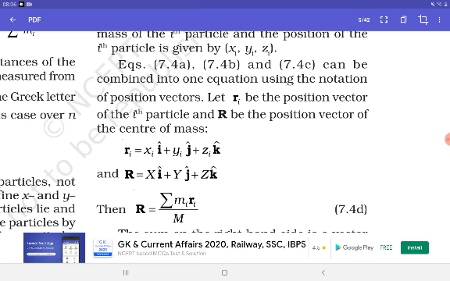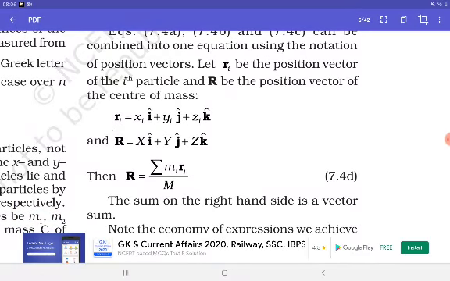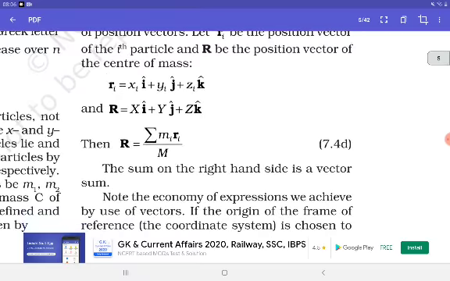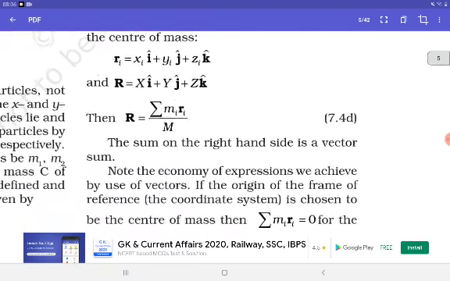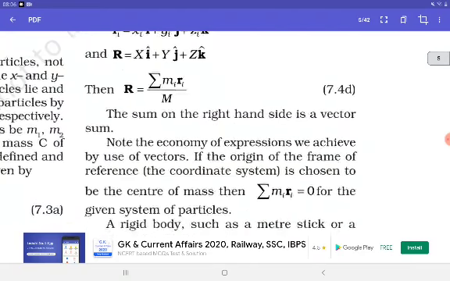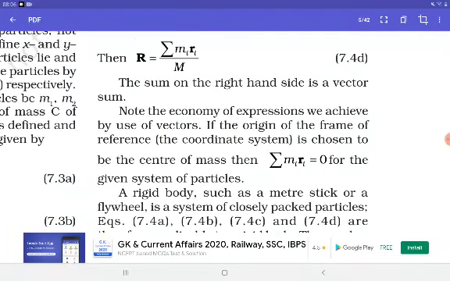Ri equals xi i cap plus yi j cap plus zi k cap, and R equals X i cap plus Y j cap plus Z k cap. Then R equals sigma mi Ri divided by capital M. The sum on the right hand side is a vector sum. Note the economy of expression we achieve by use of vectors.